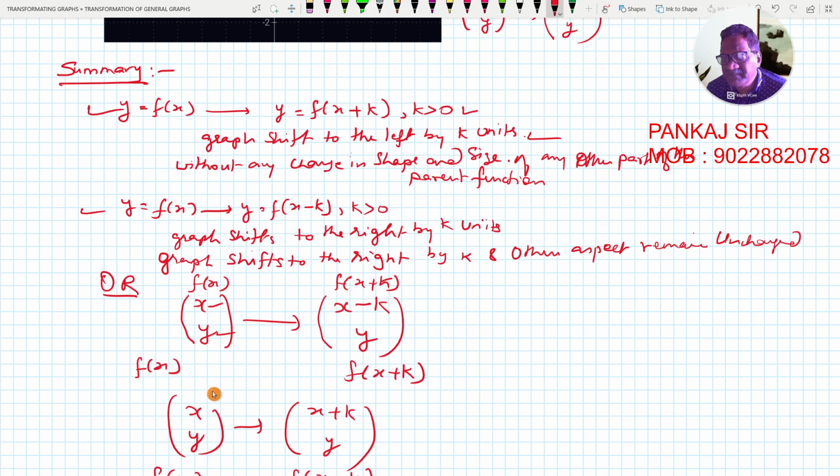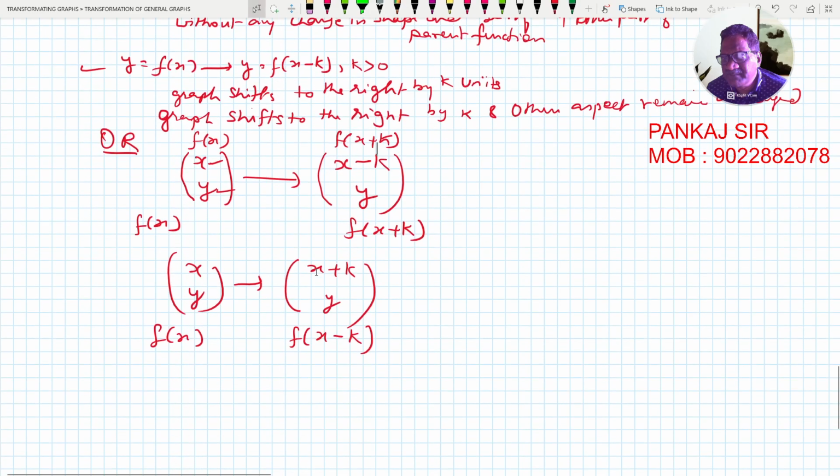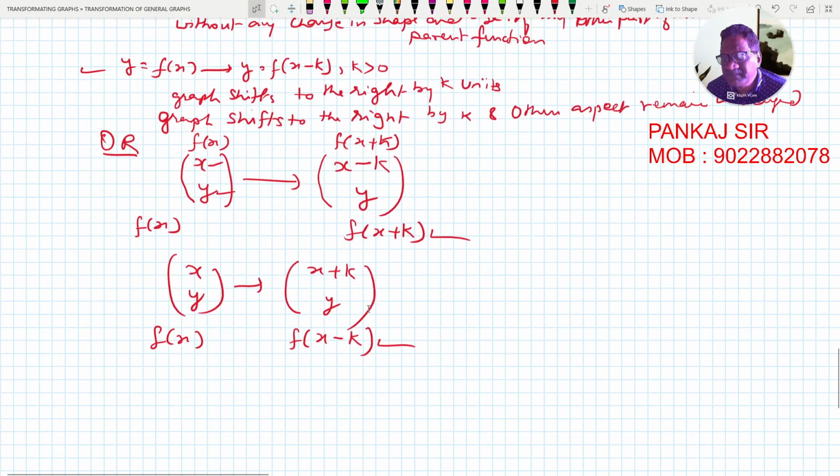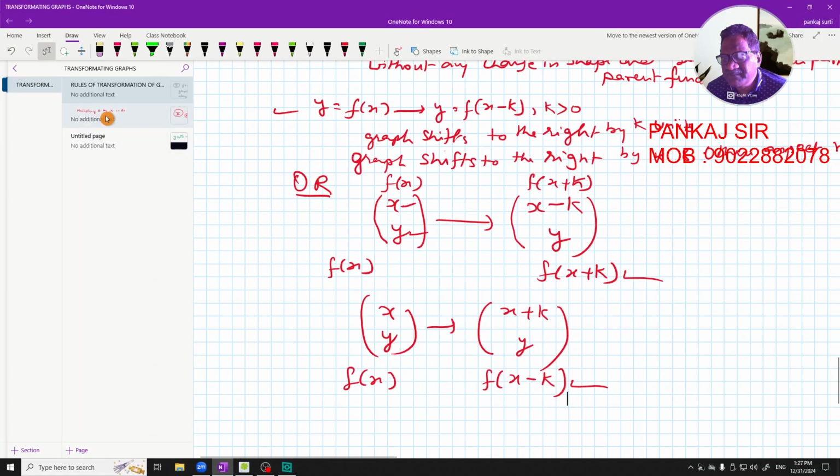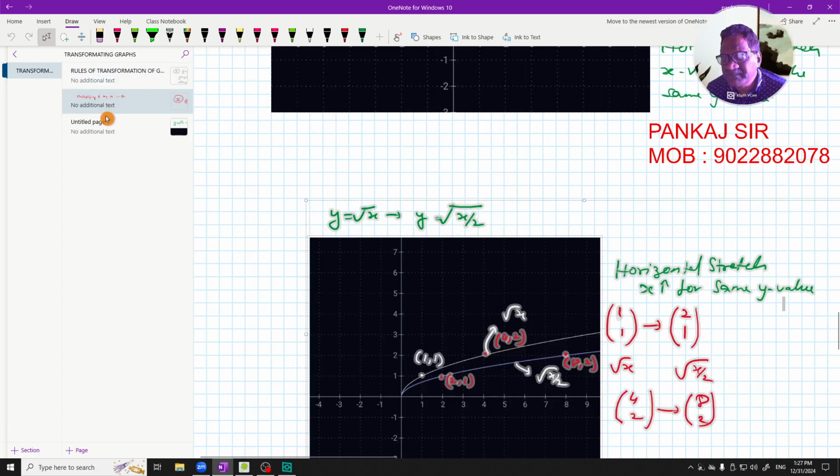And second, suppose you have the f of x to f of x minus k transformation, then to x you have to add k, so it will be x plus k, and the y will remain the same. Is that clear?